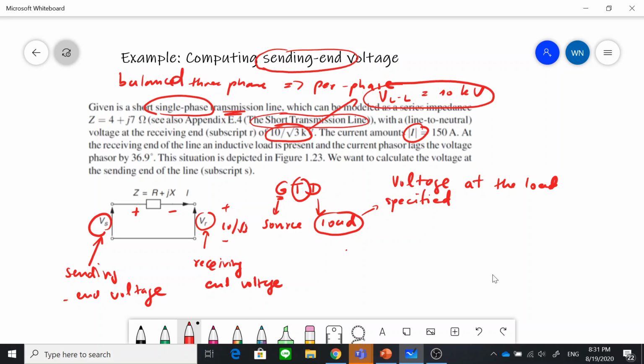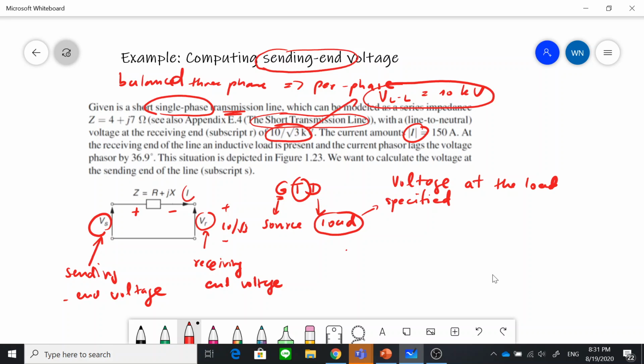And since the transmission line is an RL element, at the receiving end of the transmission line an inductive load is present, and the current lags the voltage by 36.9 degrees. So when we use the voltage at the receiving end as a reference, the current that flows in the transmission line must have a phase angle of negative 36.9 degrees.